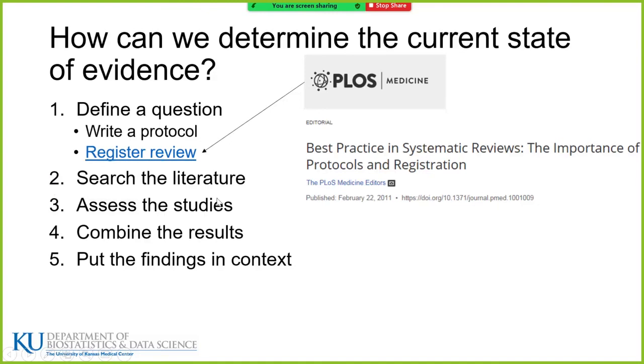It allows us also as readers, consumers of the literature, to go and see for a study, did they pre-register their protocol? And if they did, are they reporting the findings according to the way that they said they were going to do it? So it gives us a measure of the risk of bias for studies as the reader.